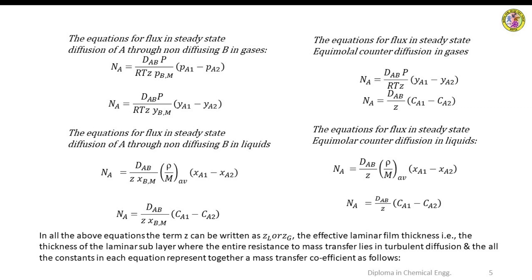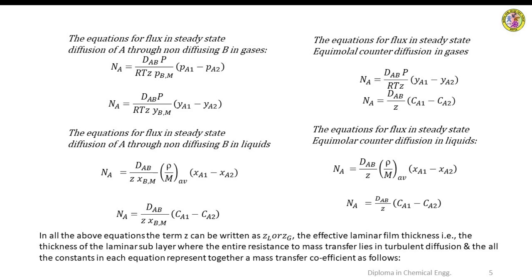So if the same term is replaced by ZG, because we are using the partial pressure as the concentration terms, and this is an equation that is written for the gas phase, so the Z becomes ZG in this one, where that ZG, Z suffix G, is the effective laminar film thickness, meaning the laminar sublayer over which the entire resistance to mass transfer lies.